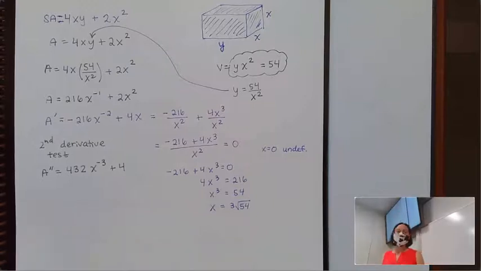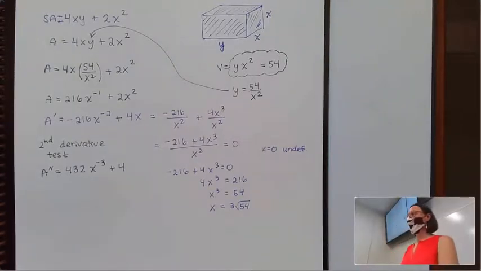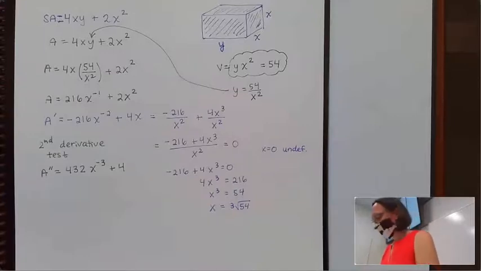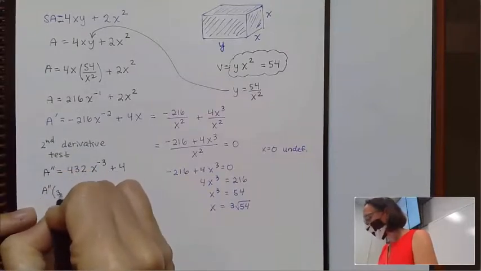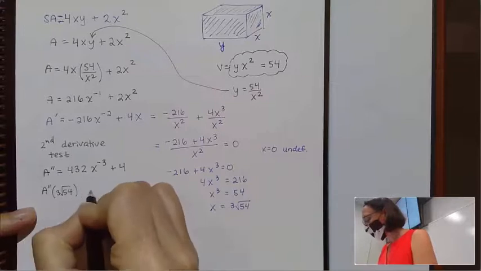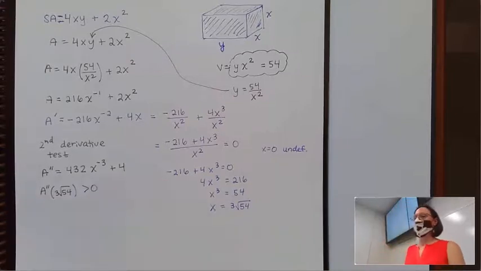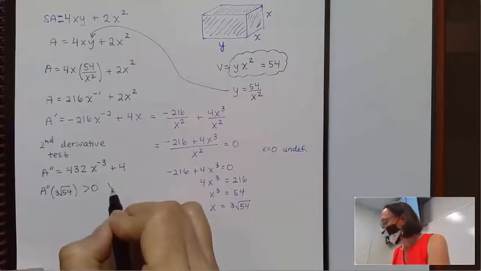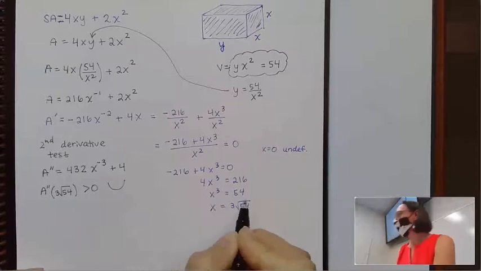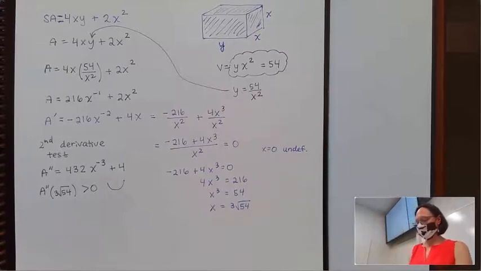And remember, I don't care what the number is. I just have to figure out if it's positive or negative. Sure looks like it's going to be positive to me. So that second derivative evaluated at the cube root of 54, whatever it is, is bigger than 0, which is good. That means that we're concave up, which means this represented a minimum.